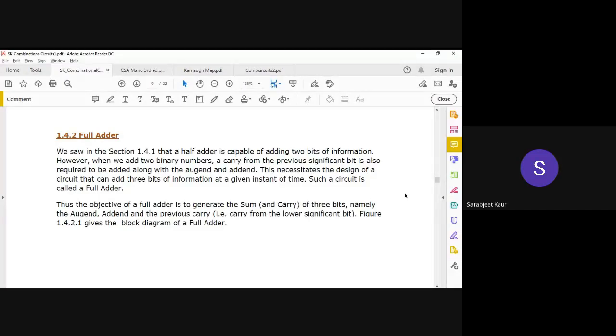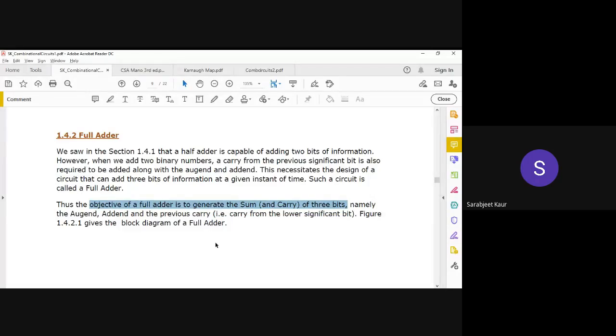So now please see, in this one line that I have written, that the objective of a full adder is to generate sum and carry of 3 bits. In this line, we have actually set the stage for drawing the block diagram, which is the first stage of the design of a combinational circuit.